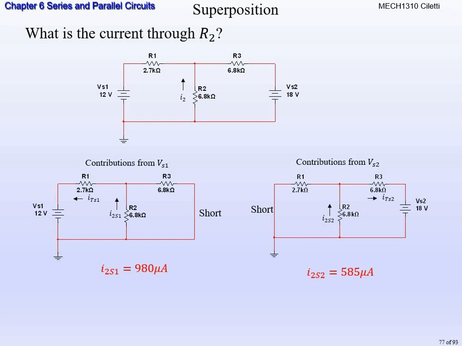In order to find the total current through I2, we add these two together. So I2 is the current from source 1 plus the current from source 2. 980 microamps plus 585 microamps equals 1,565 microamps.